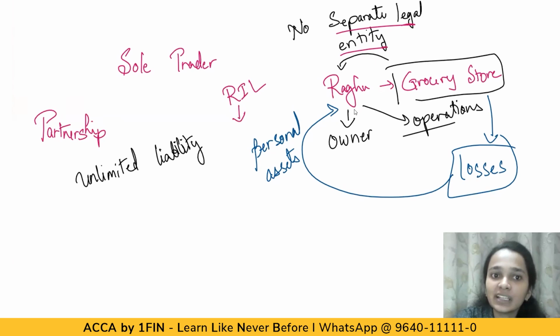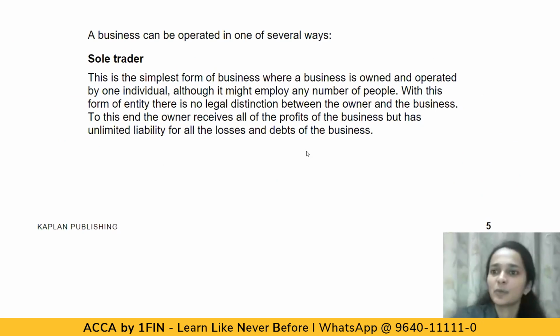So let's quickly run through these three different types of business entities. So sole trader, it is the simplest form of business organization, owned and operated by one individual. And yes, there may be different employees which the sole trader has in his business, but again, the heart and soul of the business is only one person, and there's no legal distinction between the owner and the business.